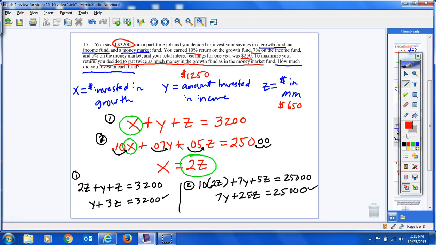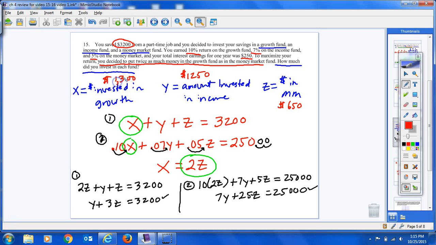If you just add 1,250 and 650 together and then subtract from 3,200, so 1,250 plus 650 is 1,900, and you subtract 1,900 from 3,200, you get 1,300.